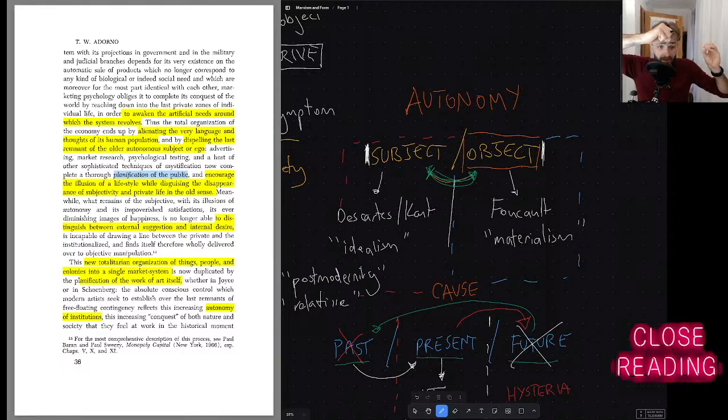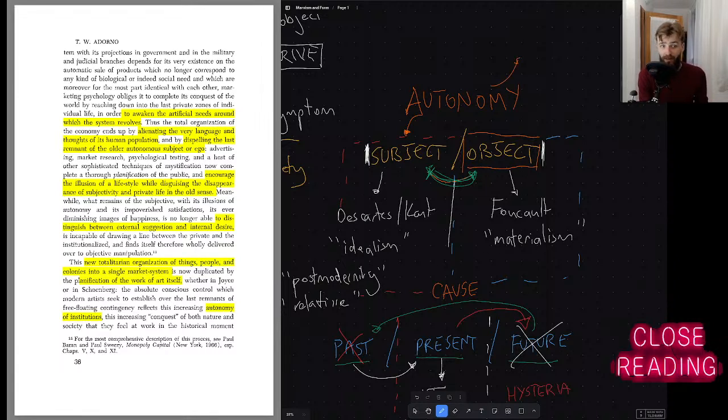The total organization of the economy, Jameson says up here, ends up by alienating the very language and thoughts of its human population and by dispelling the last remnant of the older autonomous subject or ego. So autonomy sort of shifts from originally being placed in the subject to moving somewhere else.